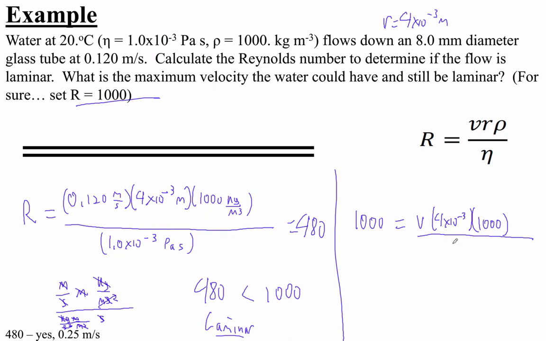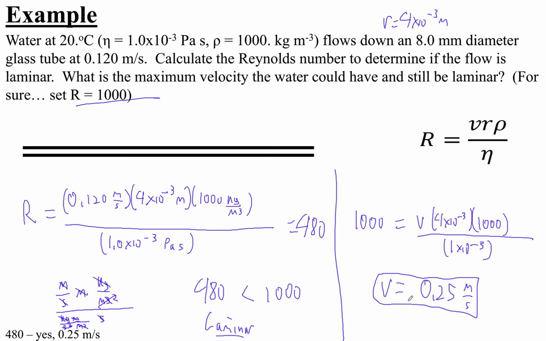I'm kind of too stupid here at the end of the day. Then we divide by 1 times 10 to the minus third, our viscosity. So 1,000 times 1e-3 divided by 4e-3 divided by 1,000. And I get that the velocity would be a whopping 0.25 meters per second to make it turbulent.